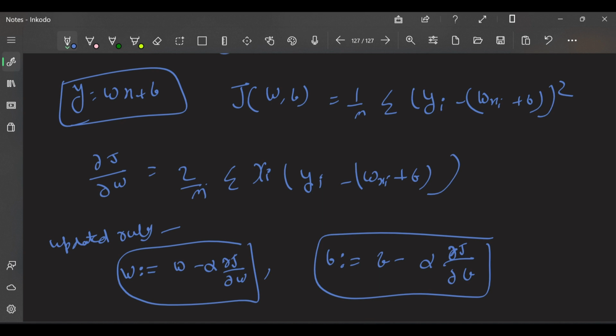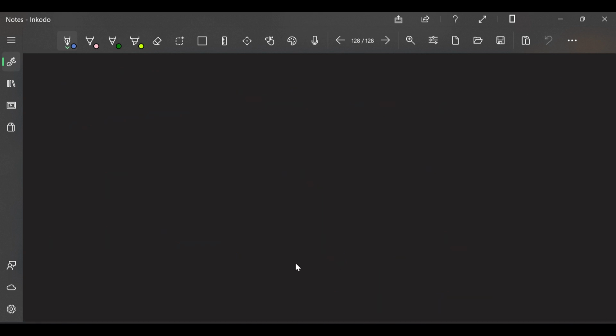We will move further to learning rate and convergence. If alpha, the learning rate, is too small, there is very slow learning.